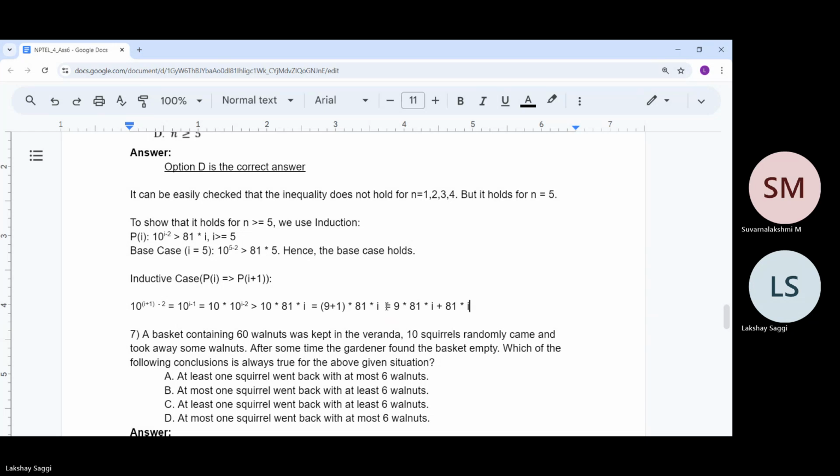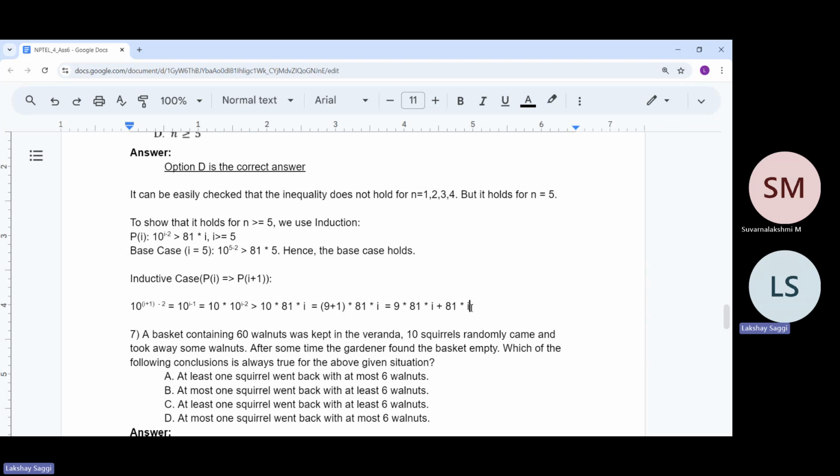Right. And now we have at least one part of the RHS. This should be 81 times i plus 1 for P(i+1). And we have the 81i part. Now we need just a plus 81 part. So we just need to show that this is greater than 81 and we will be done.